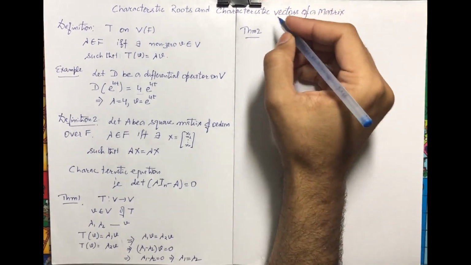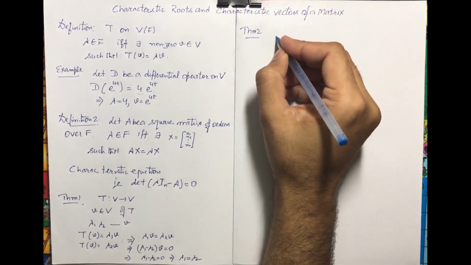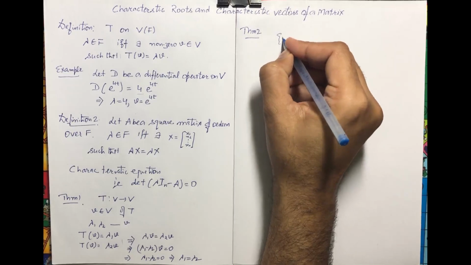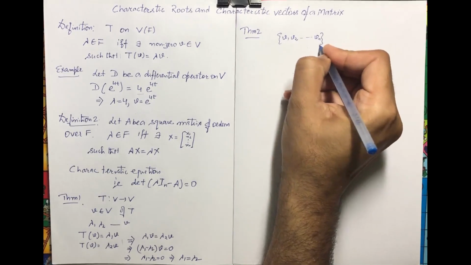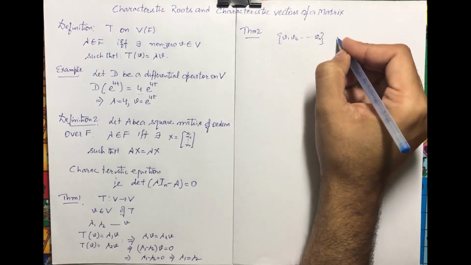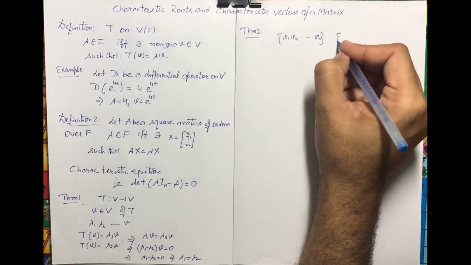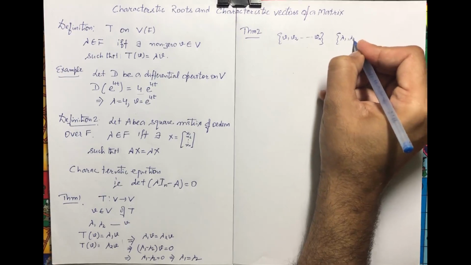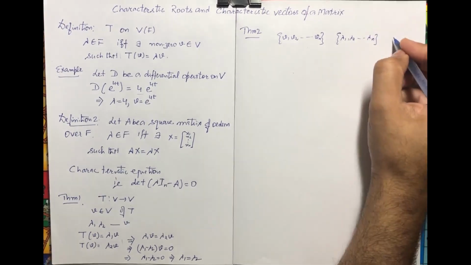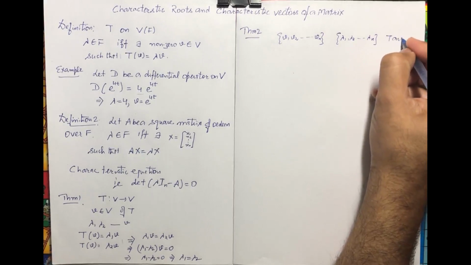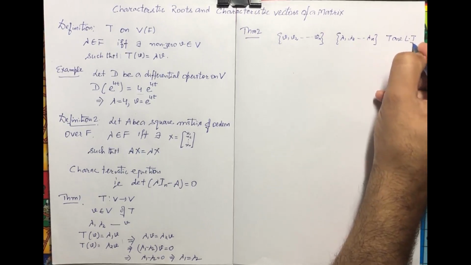So we prove that non-zero eigenvectors v1, v2, ..., vn corresponding to distinct eigenvalues lambda 1, lambda 2, ..., lambda n of a linear operator T are linearly independent.